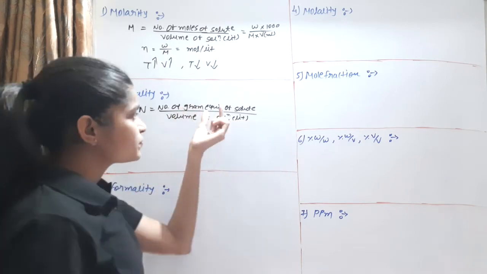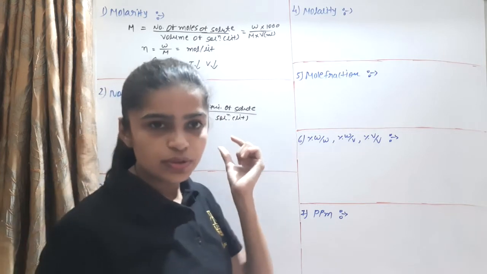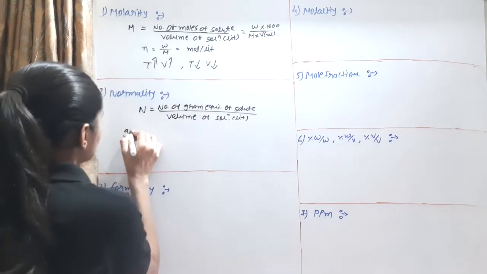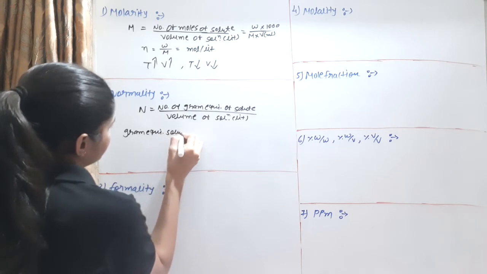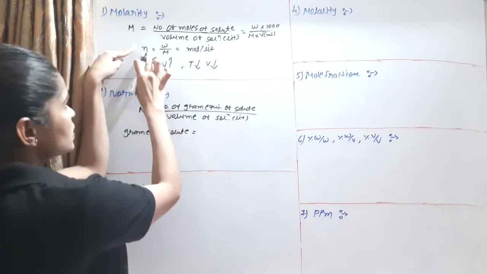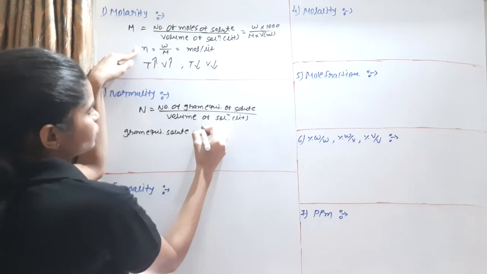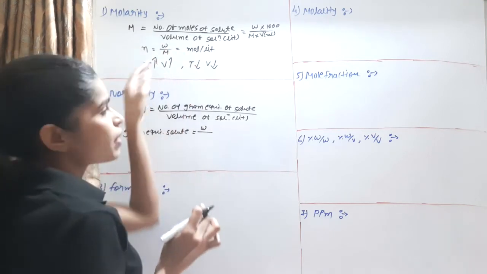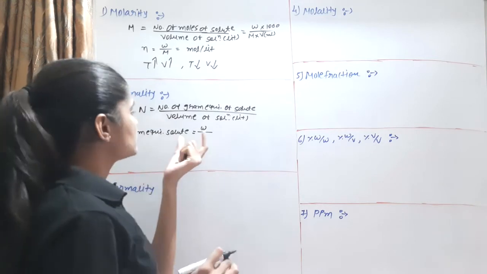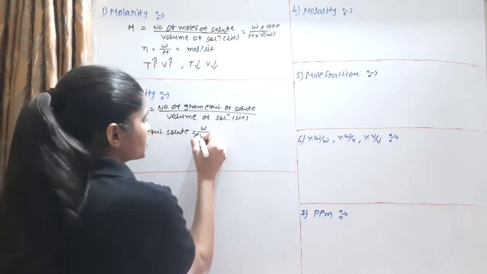What is the meaning of gram equivalent of solute? Gram equivalent of solute is equal to the weight upon equivalent mass. That is the same as the mole formula with the weight, but in molarity, molar mass is used, while in normality, equivalent mass is used.